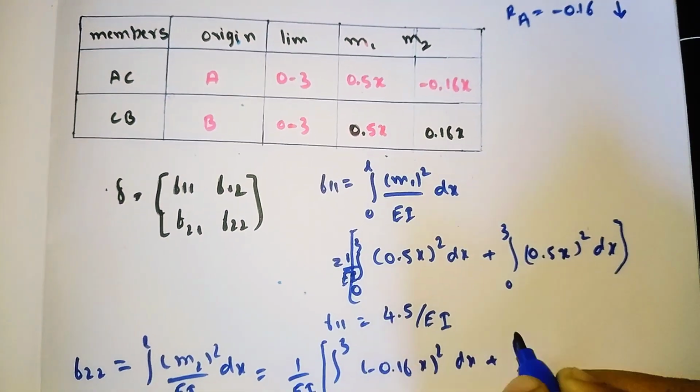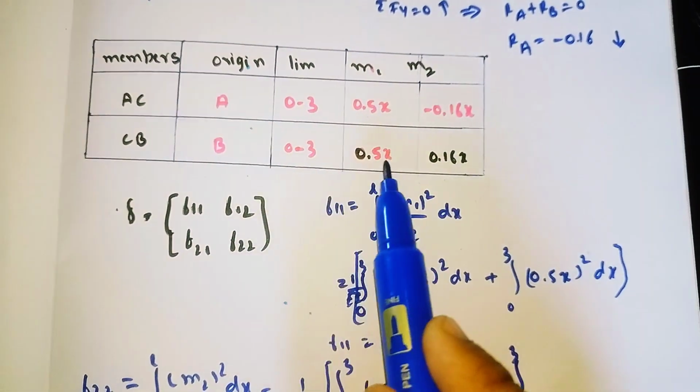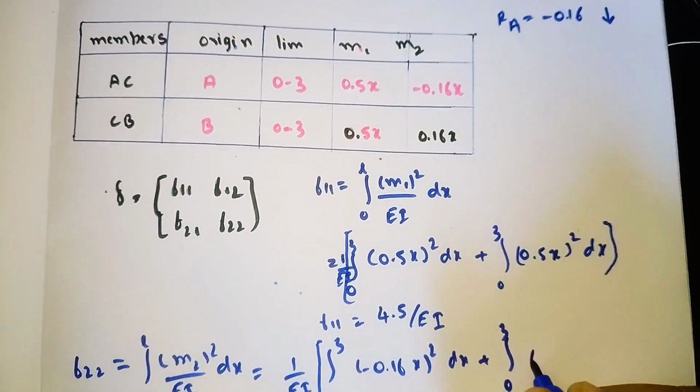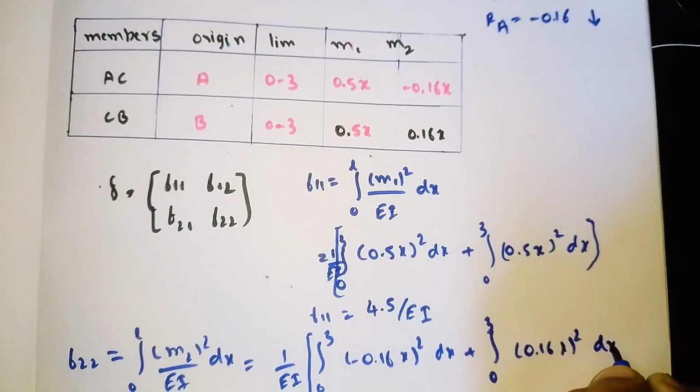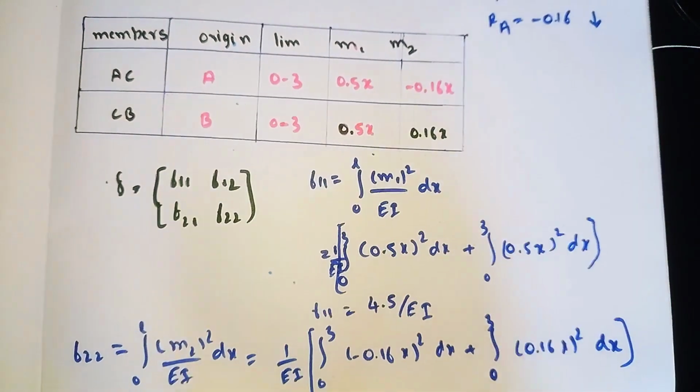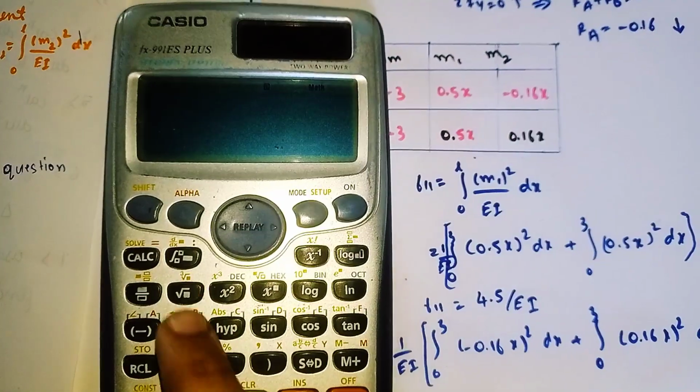For member CB the limit is 0 to 3 and the moment is 0.16x whole squared into dx. So now by using the calculator we will solve it.